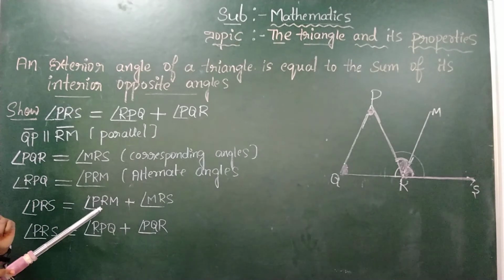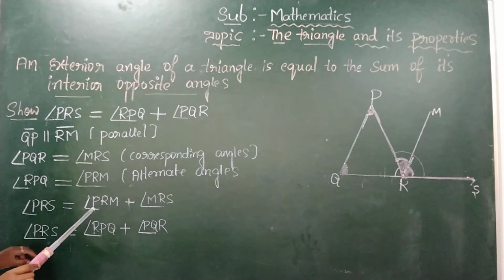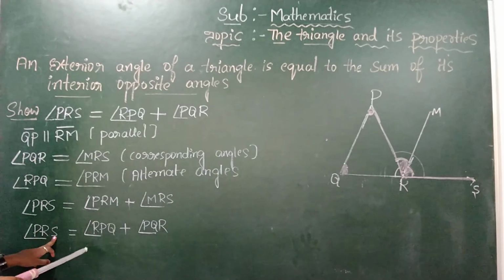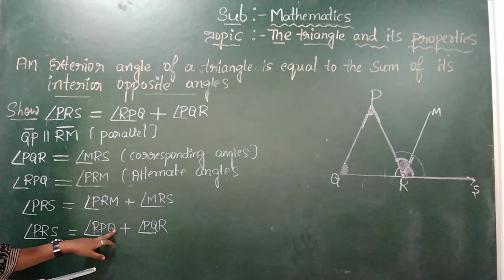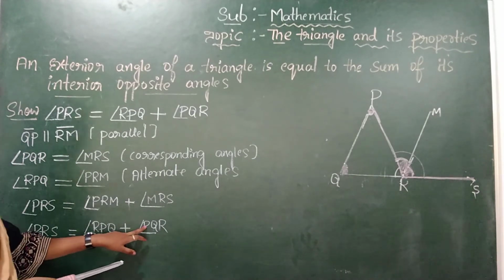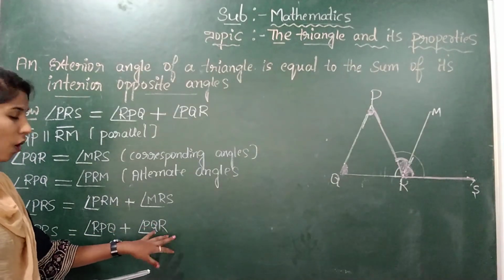So finally I can conclude that angle PRS is equal to angle RPQ plus PQR.